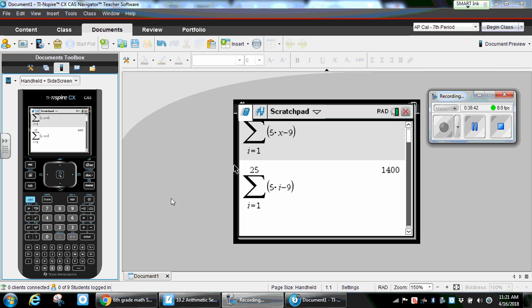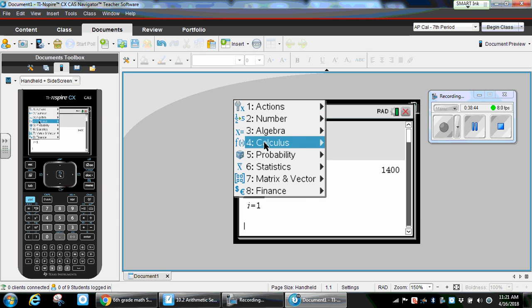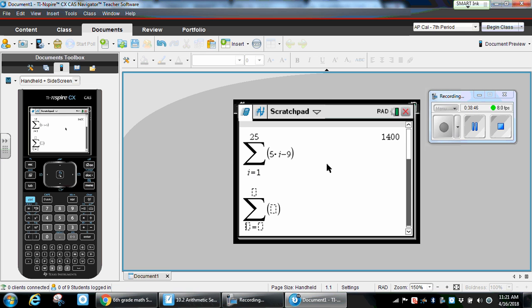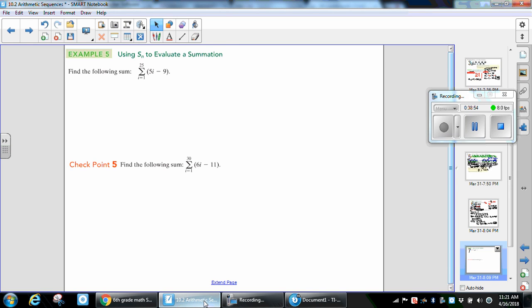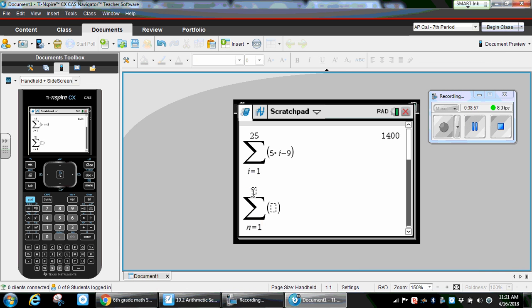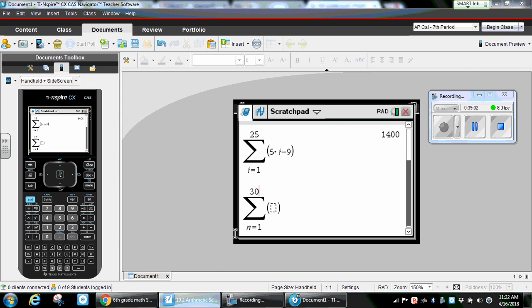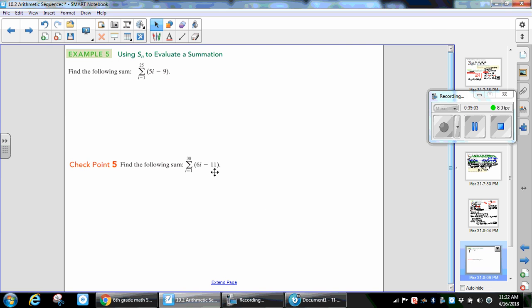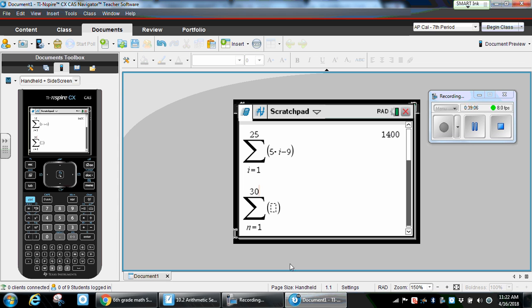Okay, so I'm going to do it again in case you were not paying attention. So menu, calculus, and then sum. You could use another letter too. I wouldn't. 6 and minus 6.